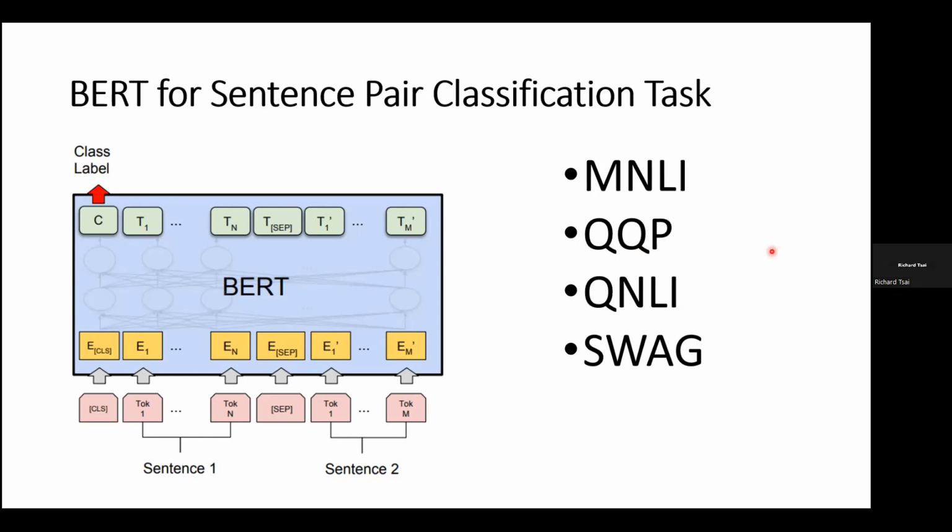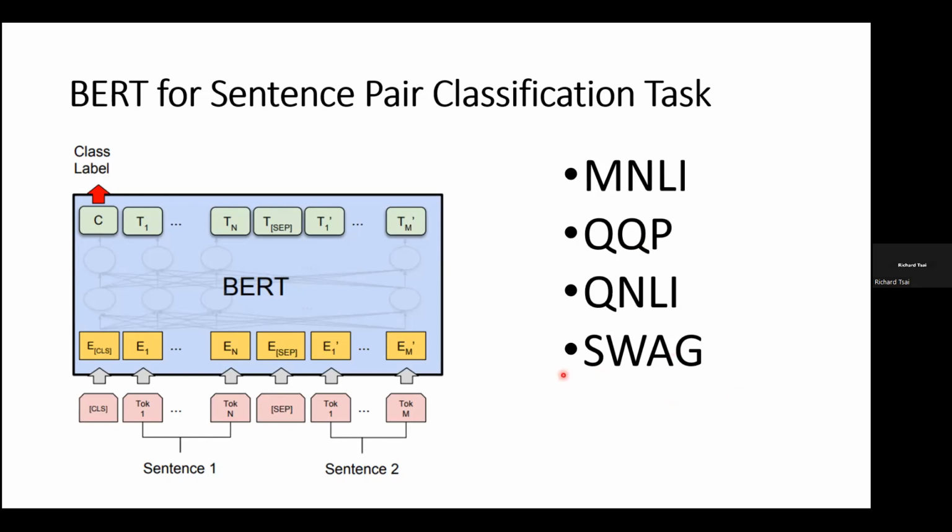In this task, the aim is to determine whether the second sentence can serve as a valid answer to the first sentence, essentially checking if the second sentence answers the question posed in the first.